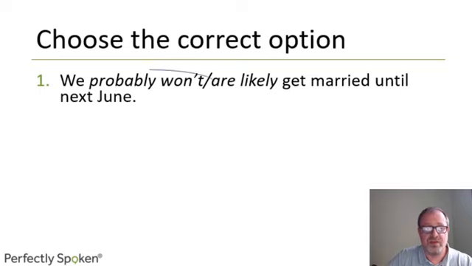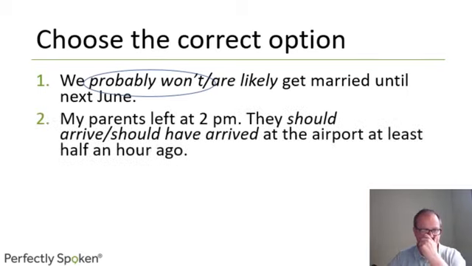It's we probably won't get married until next June. Remember, are likely would be followed by an infinitive anyway. Be are likely to get married. Okay, so probably won't is the answer here. Number 2. My parents left at 2 p.m., 2 o'clock in the afternoon.